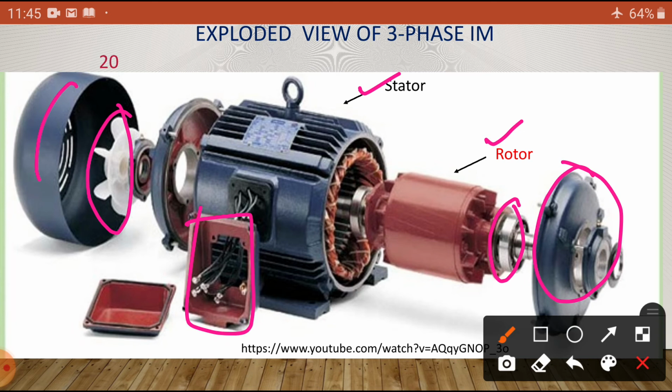Everything is open. Now you can see the stator has a stator core and stator winding also. The rotor has rotor bars inside. This is the squirrel cage.